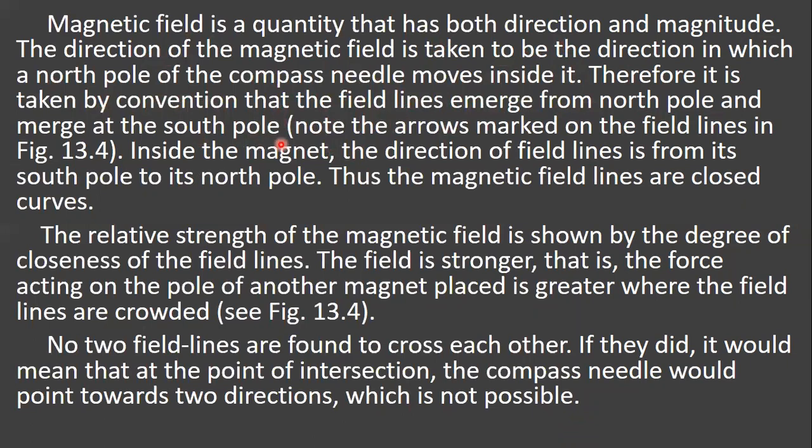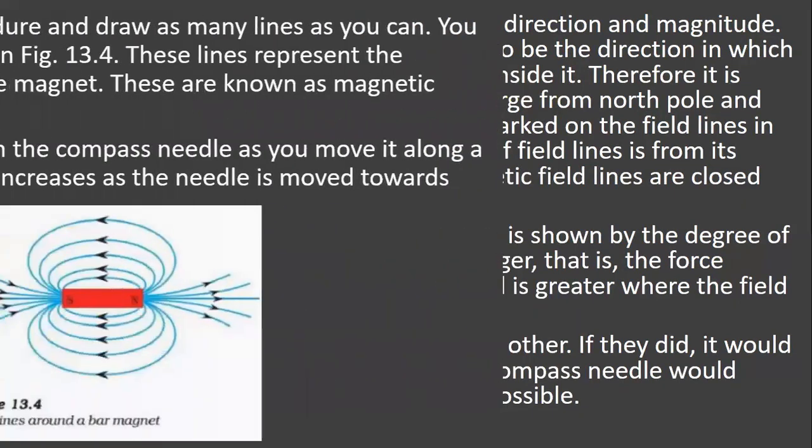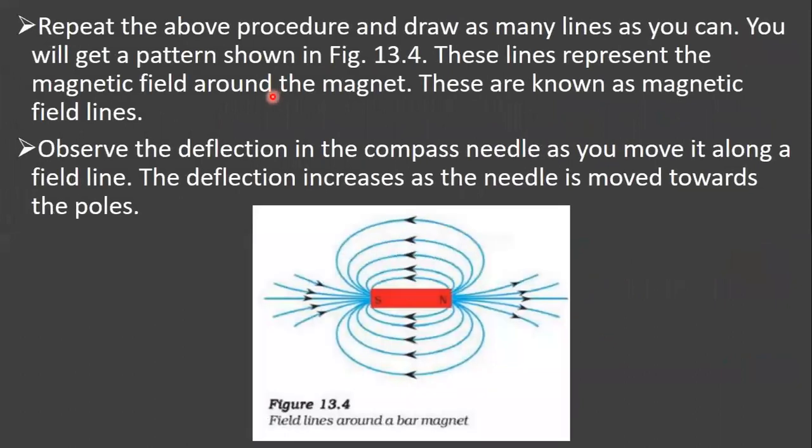You can note the arrows marked on the field lines here, children. From the figure you can see that the field lines emerge from the north pole and merge at the south pole. Thus the magnetic field lines are closed curves.